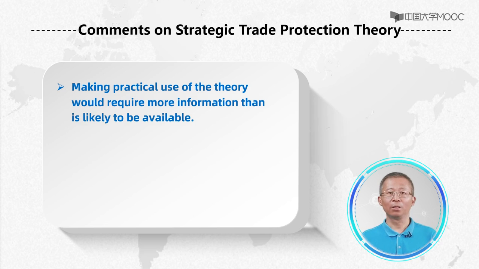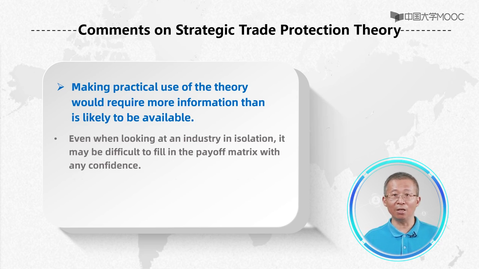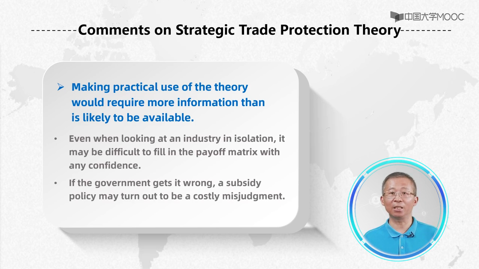The problem of insufficient information has two aspects. The first is that even when looking at an industry in isolation, it may be difficult to fill in the payoff matrix with any confidence. And if the government gets it wrong, a subsidy policy may turn out to be a costly misjudgment.